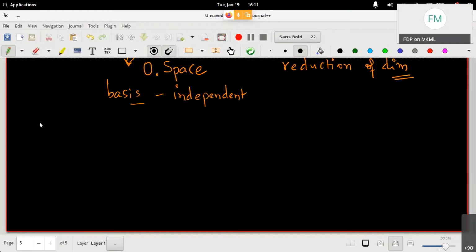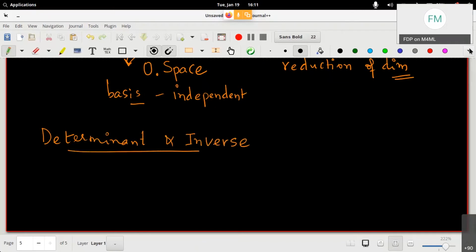I just want to quickly tell you about the other things which are there, called the determinant and inverses. So we have all been reading about determinants and inverses from our school time, but nobody taught us why, or what is the geometrical interpretation of the determinant.